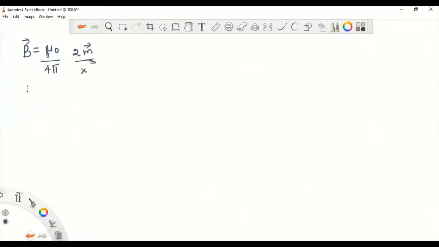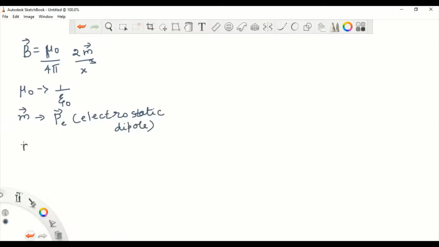So I'm going to replace mu naught by 1 by epsilon naught, and similarly M will be replaced by P, that is a dipole moment. So this is for electrostatic dipole. So you replace this B by E.